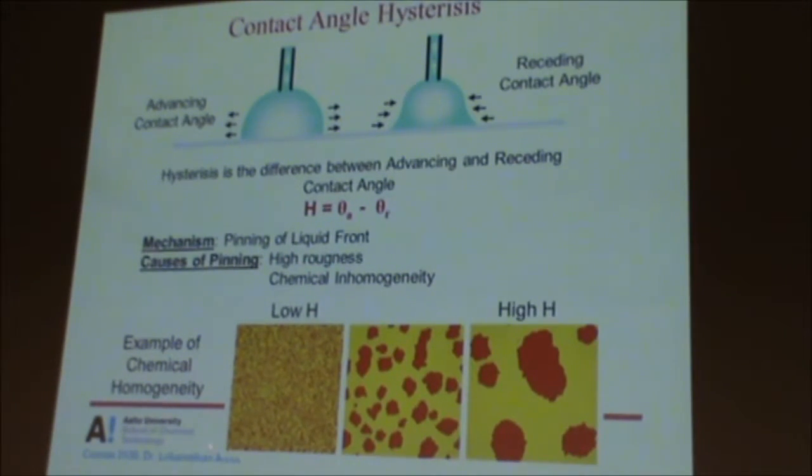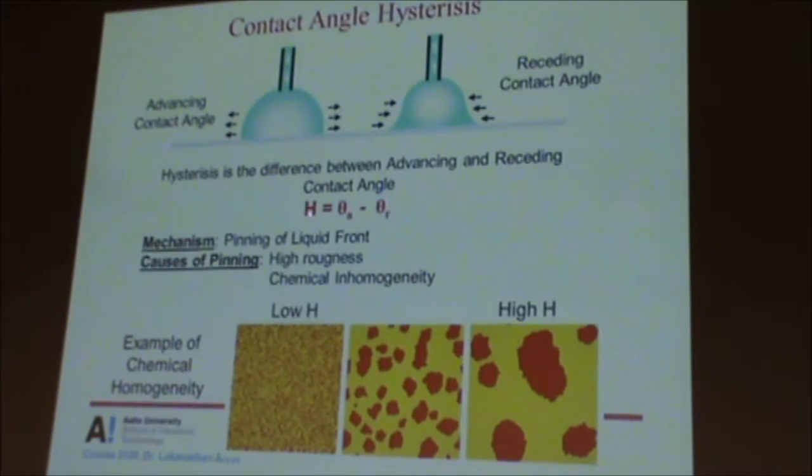For example, if you have a surface that consists of islands of hydrophobic and hydrophilic regions, which have different affinity for solvent, then when you do advancing or receding contact angle, each of these islands acts as a pinning point. So then you get a huge difference between these two, and this process is called hysteresis.